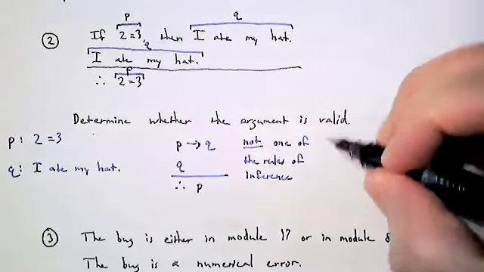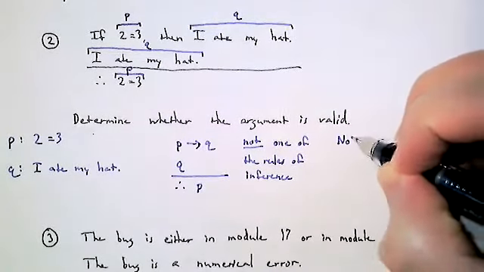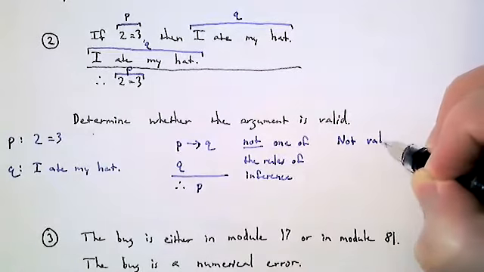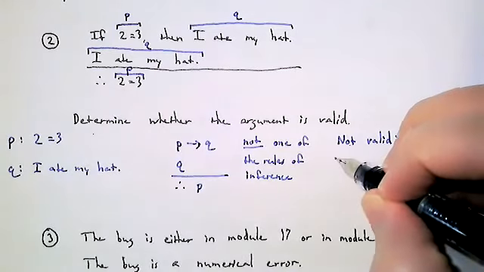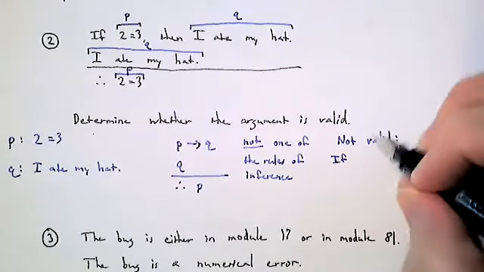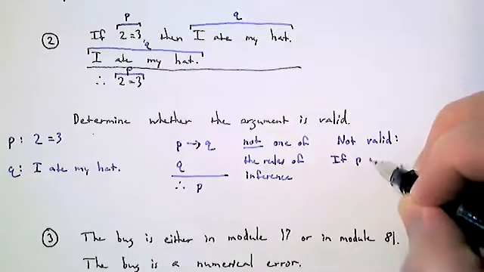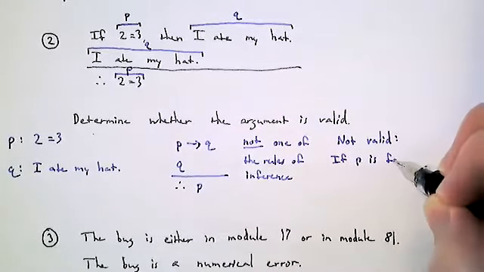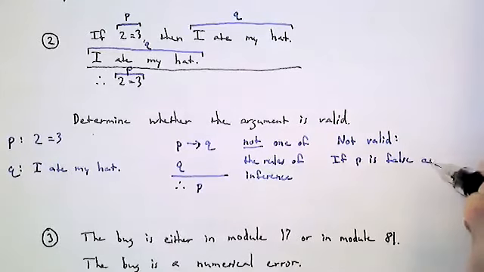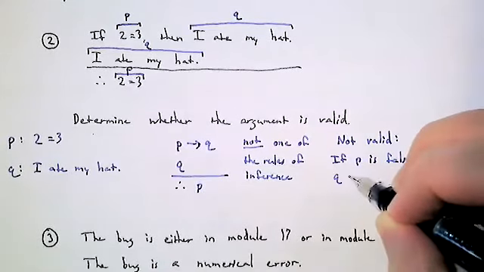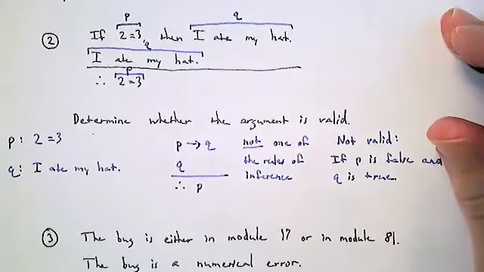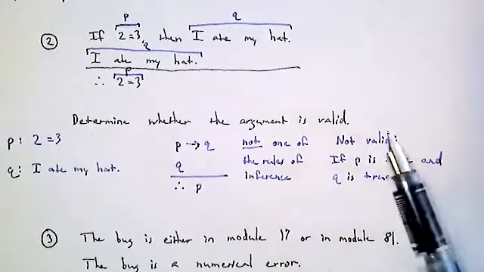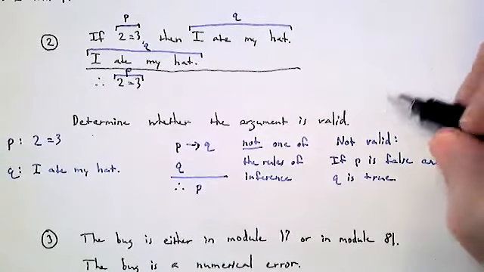Okay, so as I was saying, this one is not valid, and I'll explain the reason. If P is false and Q is true, so I guess let's back up just a second here.